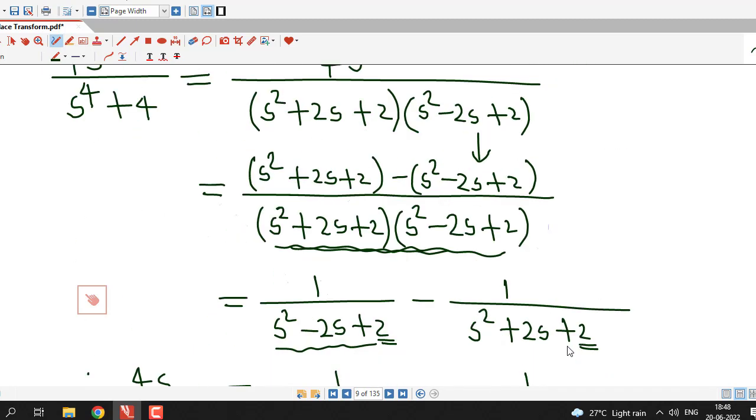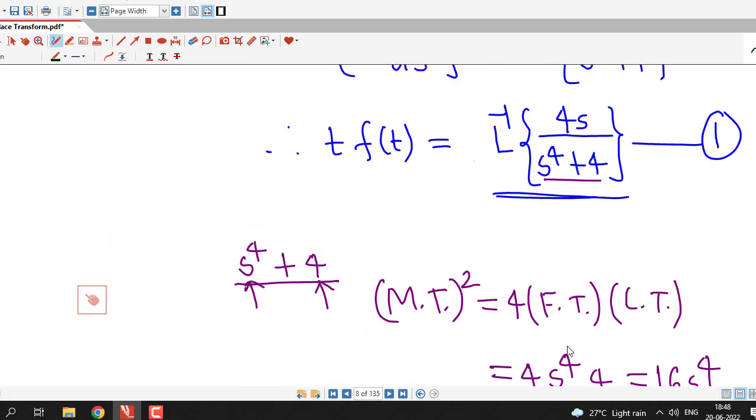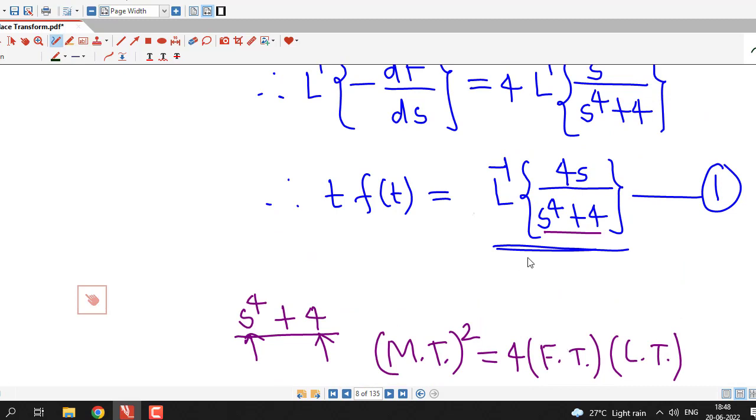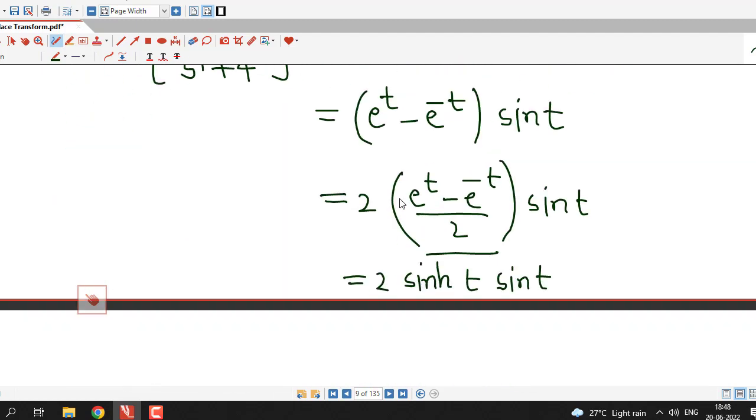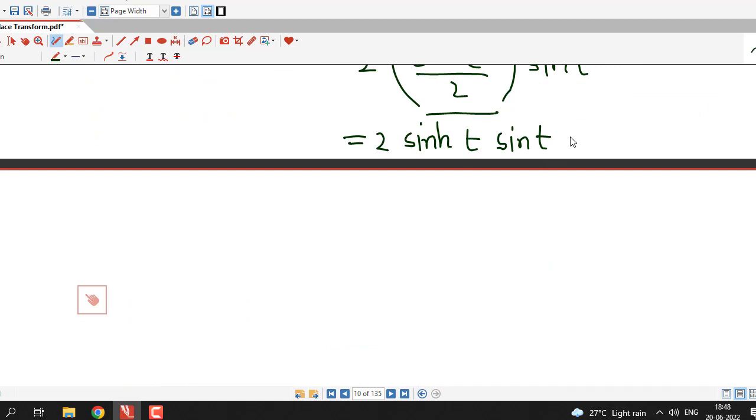So this is the inverse Laplace transform of 4s divided by s raised to 4 plus 4. So now we put that value here, and we find the product of f of t and t. We can give this number 2.